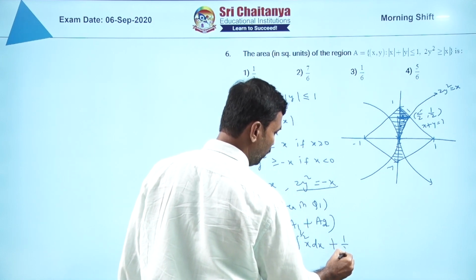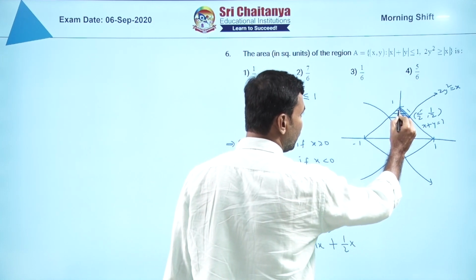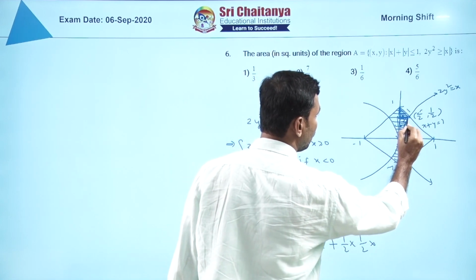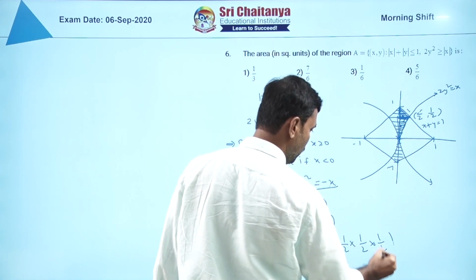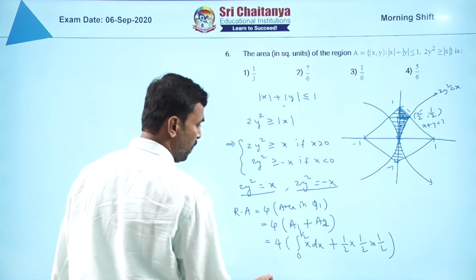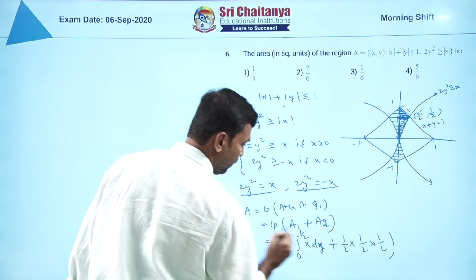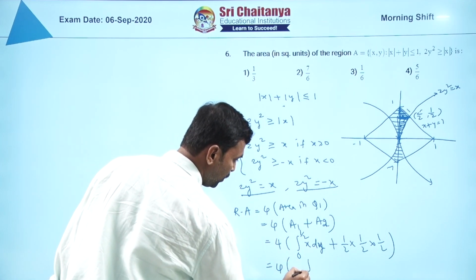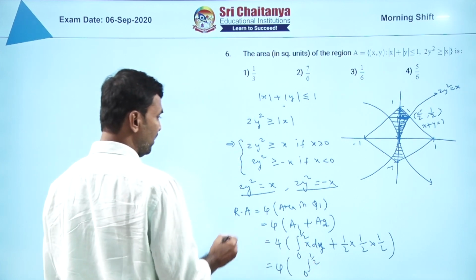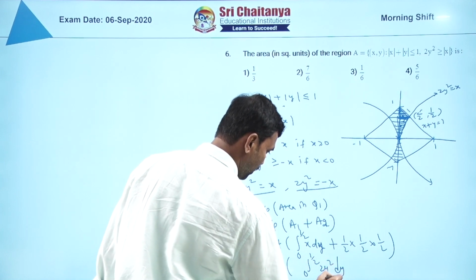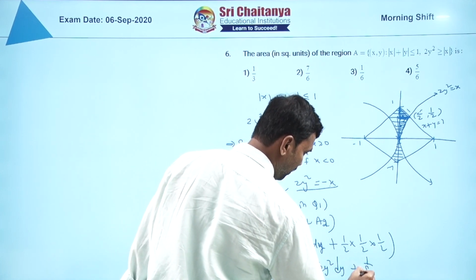Base is 1 by 2, height is also 1 by 2. So, this is total area, x dy. So, 4 times of integral 0 to 1 by 2, your x is 2y square, so 2y square dy plus 1 by 8.